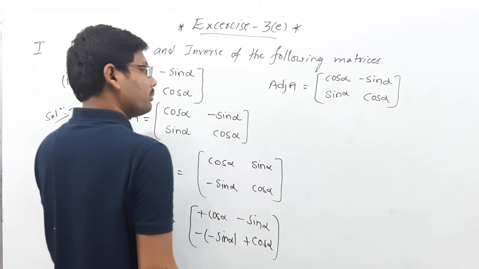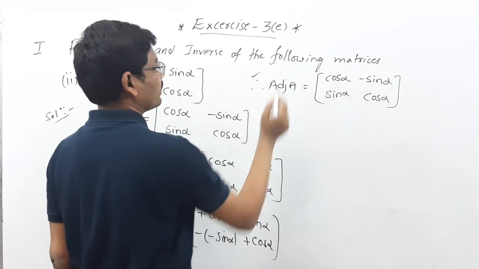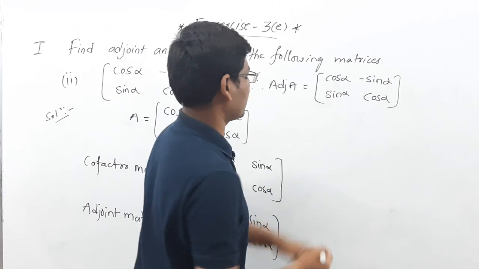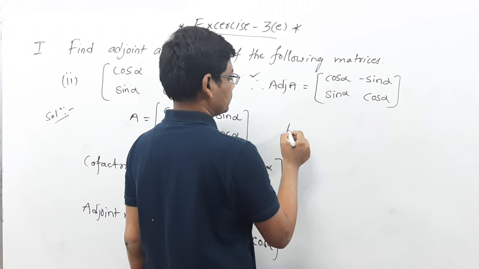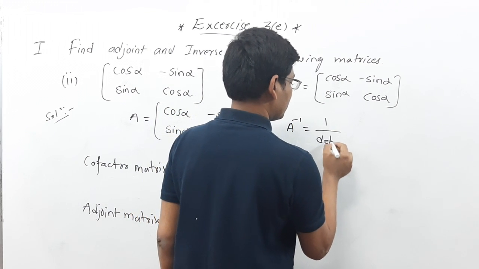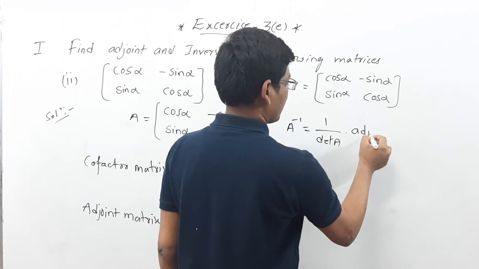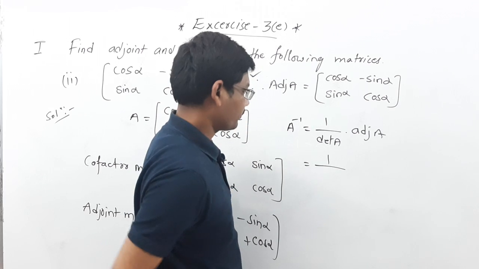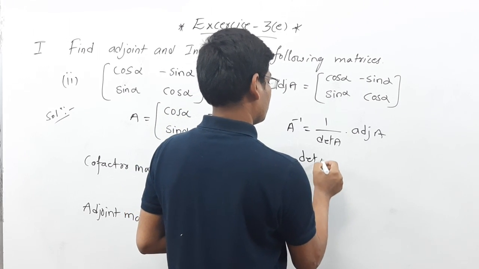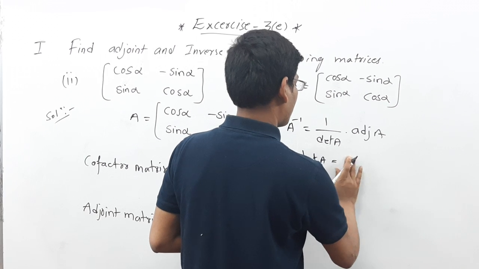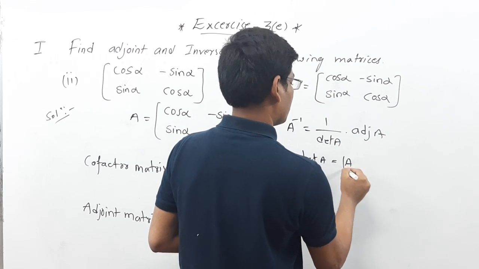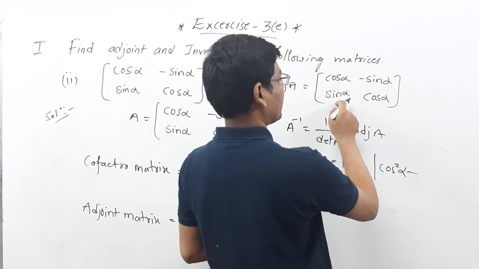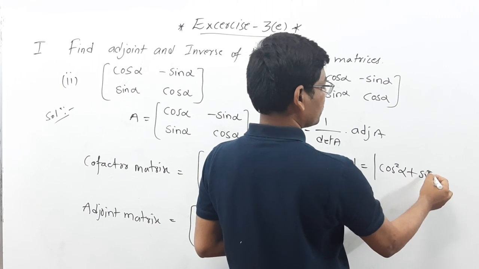This is adjoint A, but here we want A inverse also. Now we need to find A inverse equal to 1 by det A into adjoint A. First we need to find det A, which is equal to mod of A. Mod A is equal to cos alpha times cos alpha, that is cos square alpha, minus sin alpha into minus sin alpha, minus of minus sin square alpha, that will become plus sin square alpha.